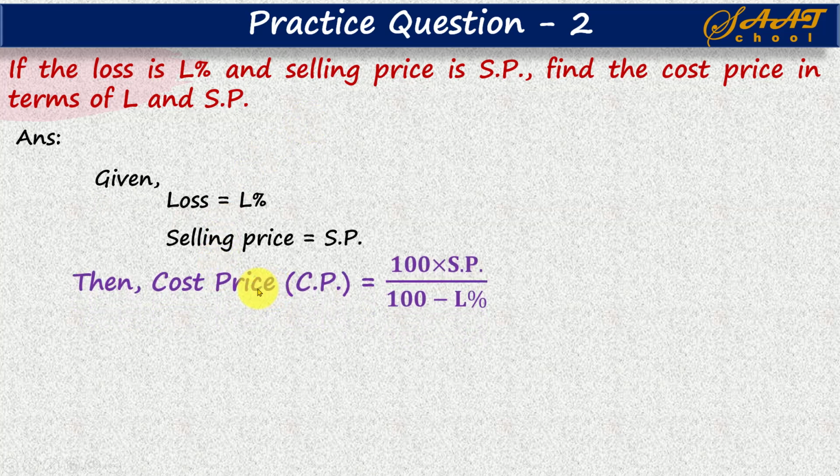Here simply 100 multiplied by SP divided by 100 minus L percent. Again, if there is loss, minus. If there is gain or profit, then there should be plus. So that is simply the one difference when loss percent and profit percent or gain percent are given.